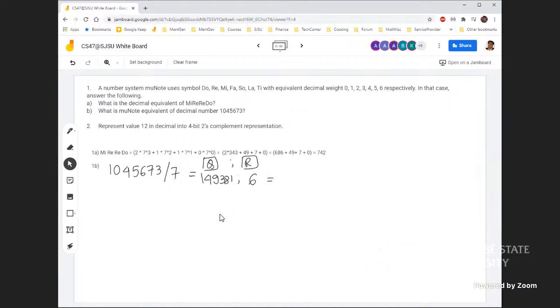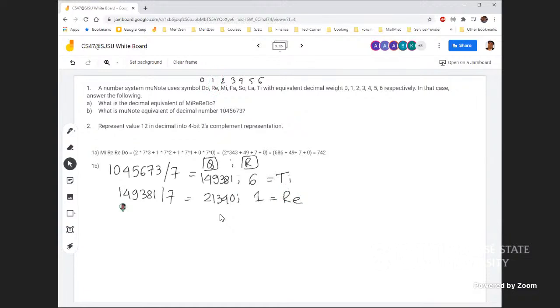Do, re, mi, and so on are equivalent to 0, 1, 2, 3, 4, 5, 6. So remainder 6 means it's the symbol T, and then we pick up this quotient and further divide it by 7, which gives you the quotient of 21340 with remainder of 1, and 1 is Re.